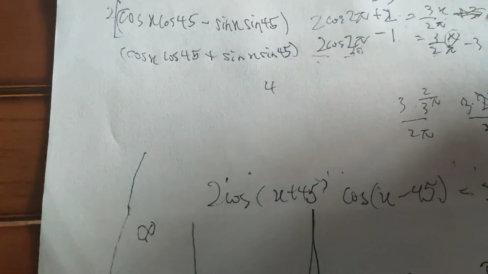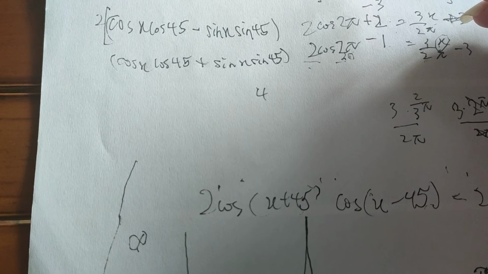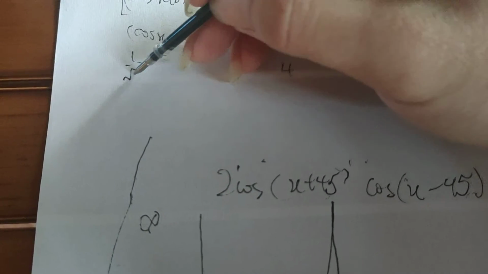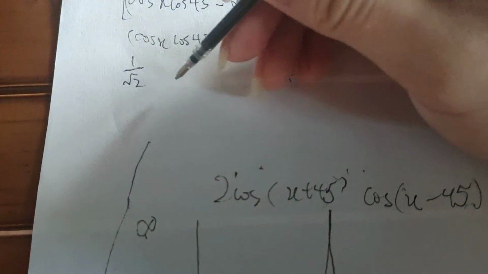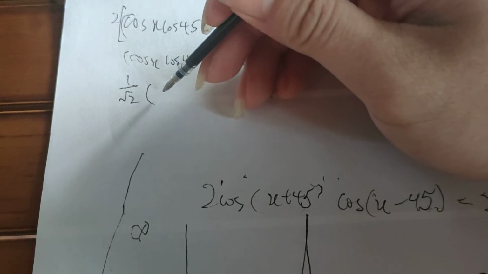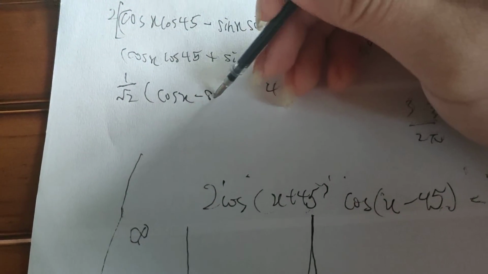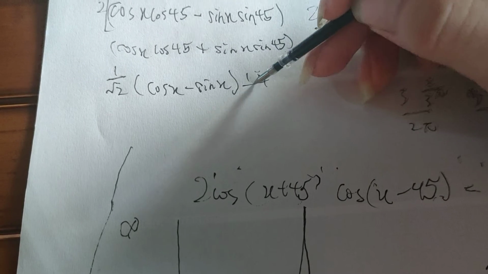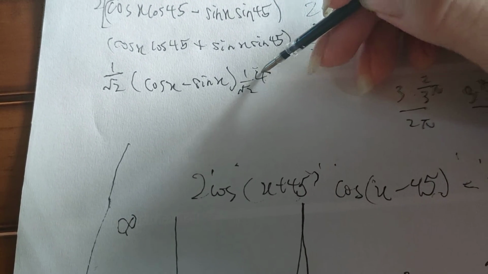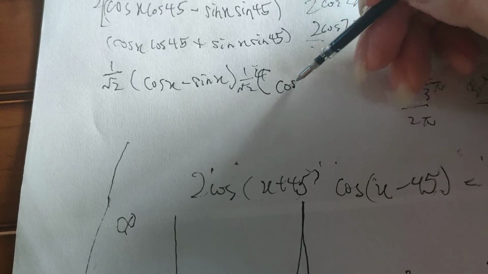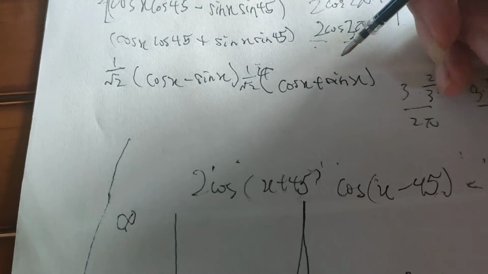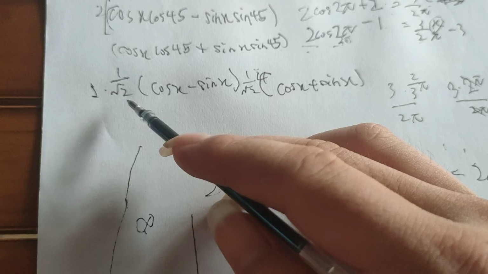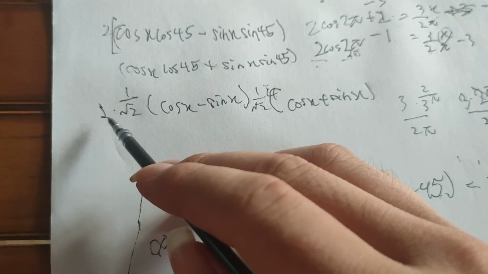And then if you know cos 45 and sin 45 is the same thing, so you just take it out, and it is this value, and it becomes cos x minus sin x, and this just the same, take this out, and then cos x plus sin x, and the 2 at the front, and you can see root 2 and root 2 is 2, so this 2 is gone.